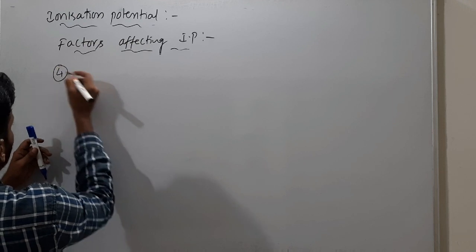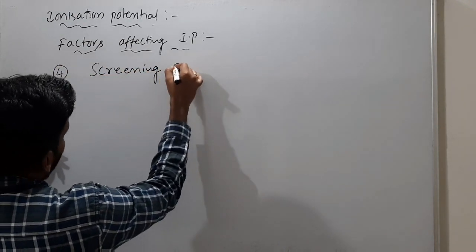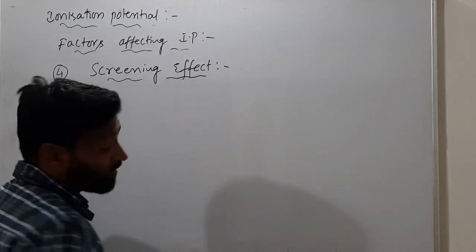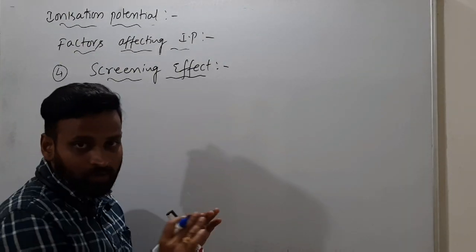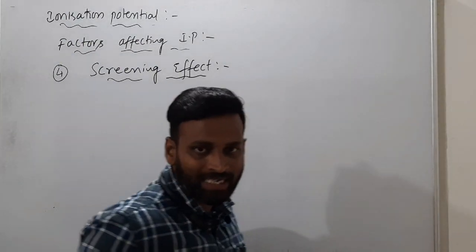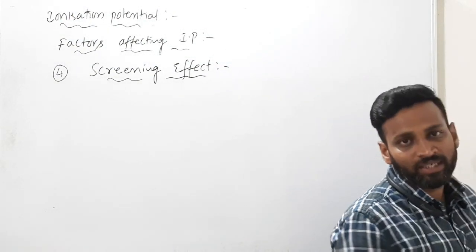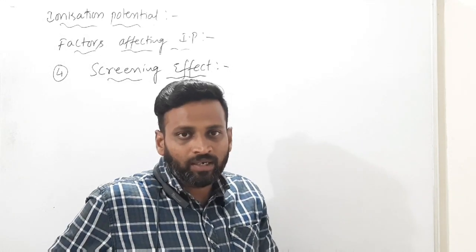And the fourth one is the screening effect. What is the screening effect? Do you remember? Protection from nuclear interaction. So if screening is more, the electron goes away from the nucleus. Nucleus is there, protection is there.